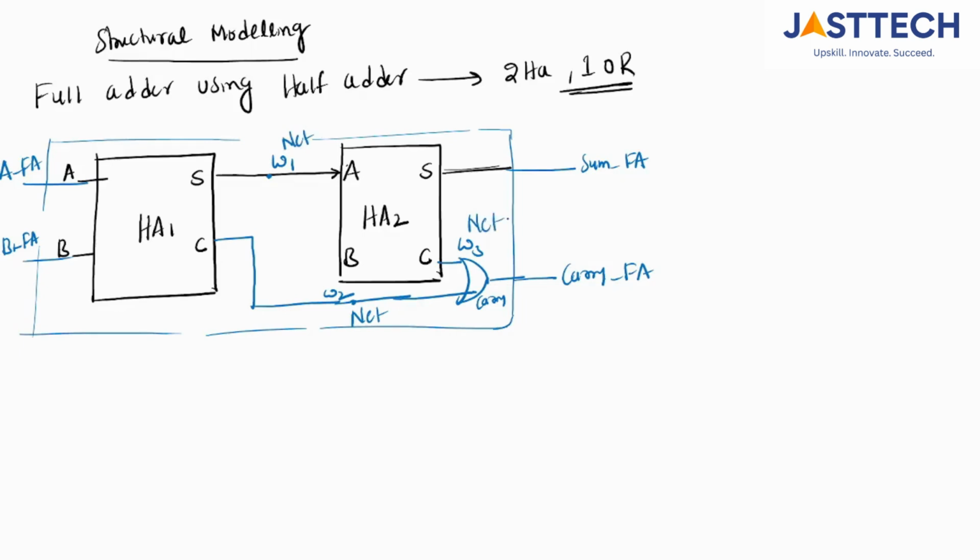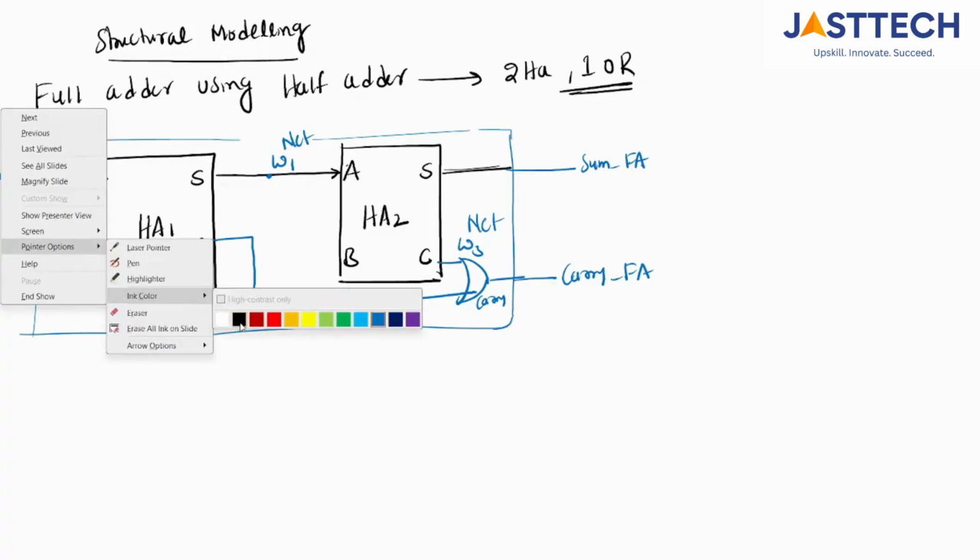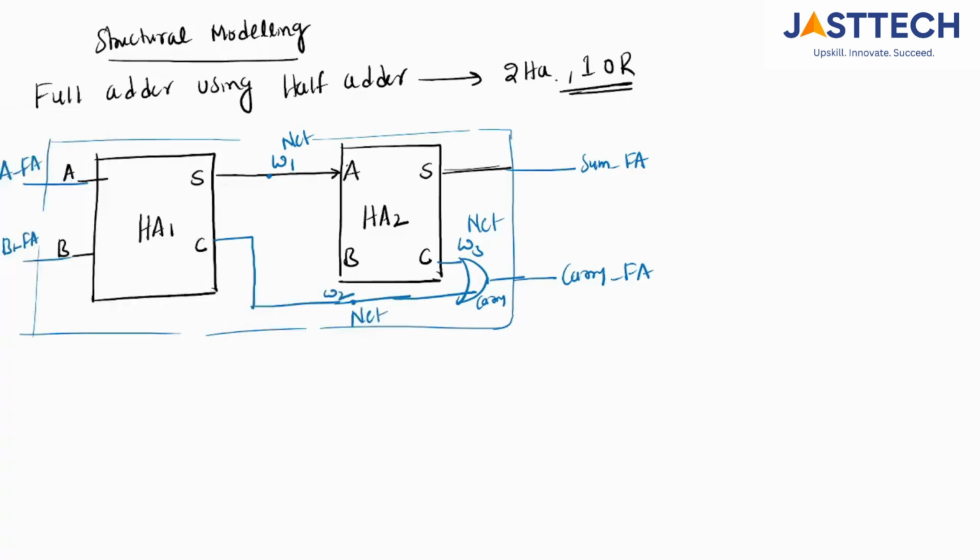First you need to write the code for the half adder circuit. I'm using data flow modeling. Module half underscore adder, input A comma B, and output sum comma carry.